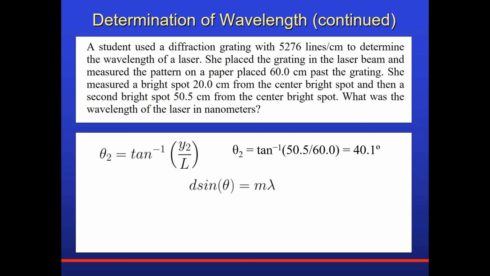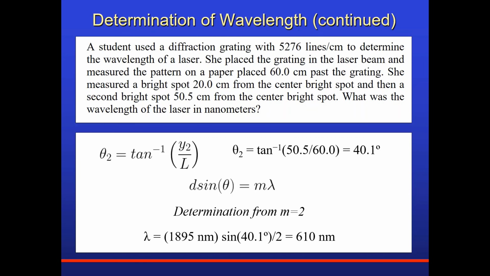So to get lambda, we take d sine theta over m, with m equals 2. This is the determination from m equals 2. So we have 1895 nanometer times sine of 40.1 degrees over 2, because m is 2, giving 610 nanometers.